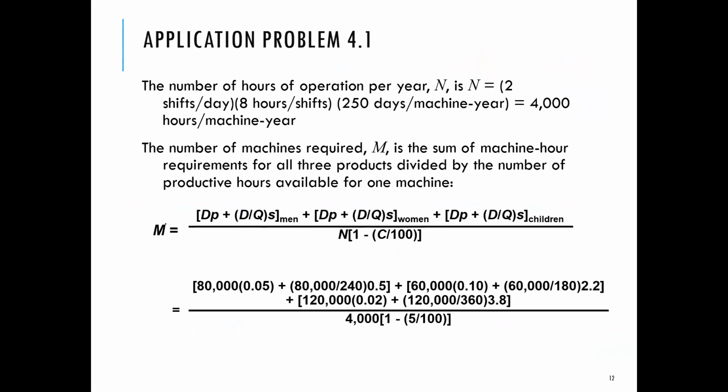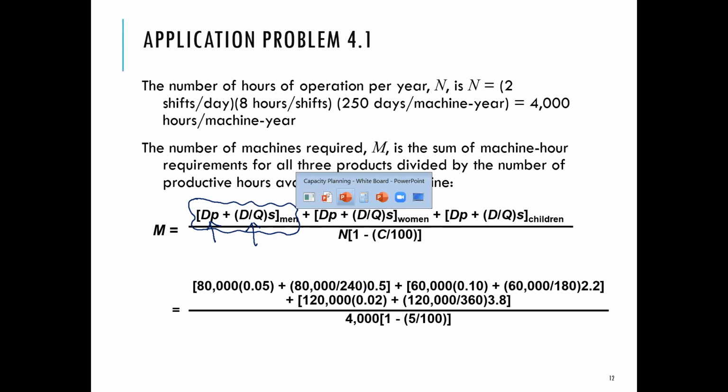Basically, the estimate for the number of machines is the time required to make the first product plus the time required to set up the machine to make the product. So this is 80,000 times 0.05 plus 80,000 divided by 240 times 0.5.